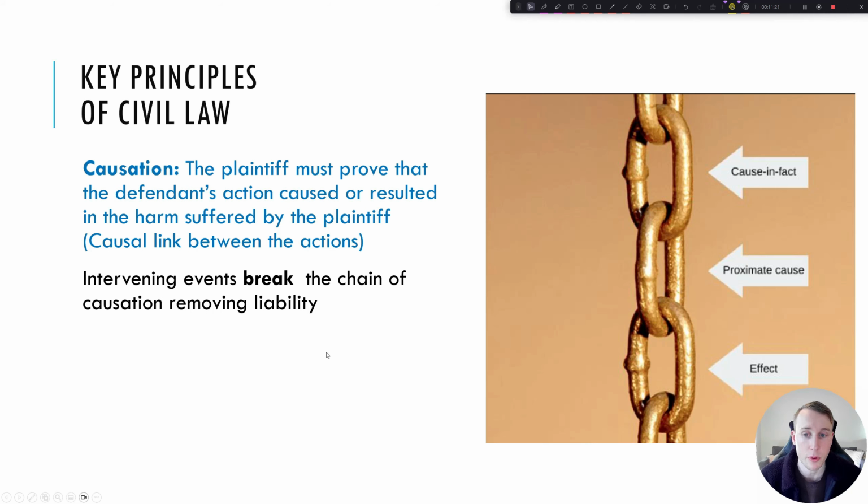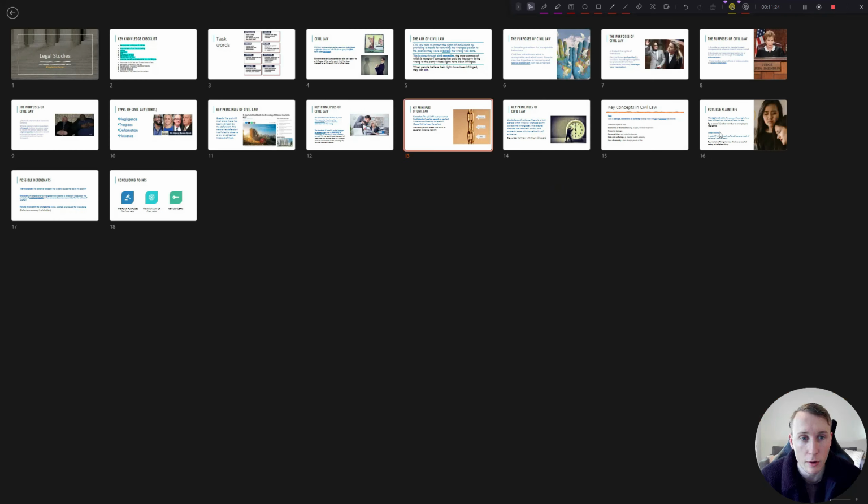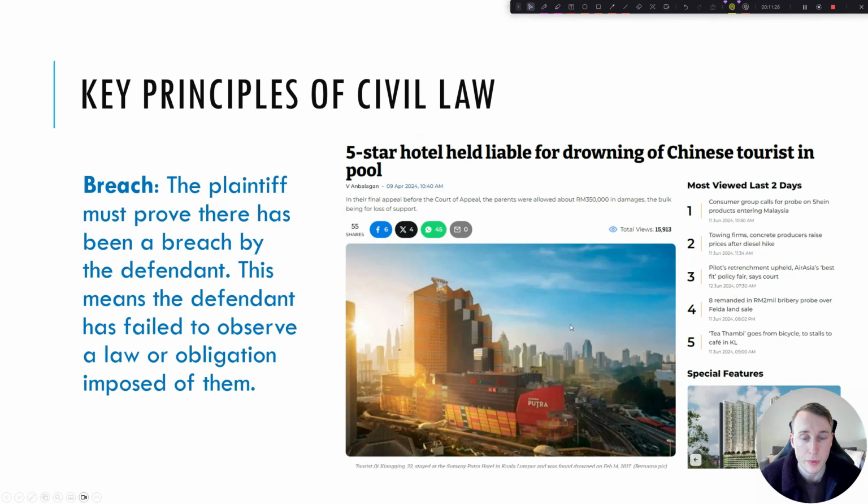For example, if it turned out that they did have a lifeguard who was trained, but the tourist decided to swim when the pool was closed, then that would be a break in the chain of causation. That would mean the hotel was not responsible. So just think about that: there was a direct link between action and consequence.